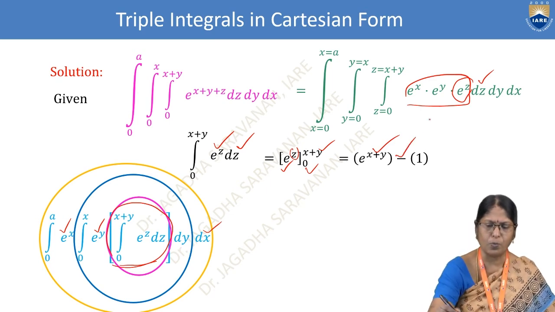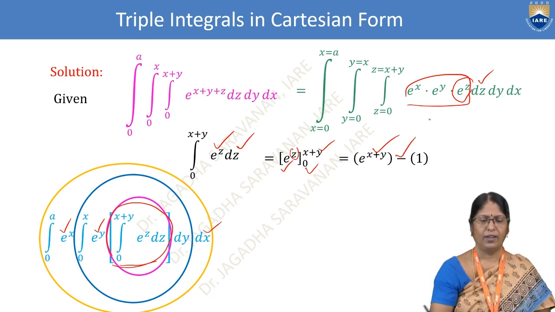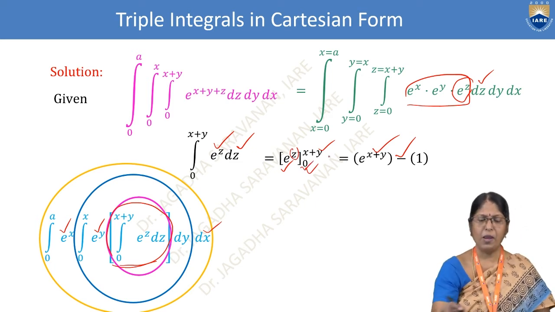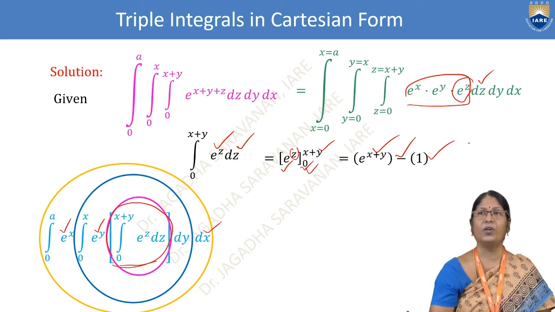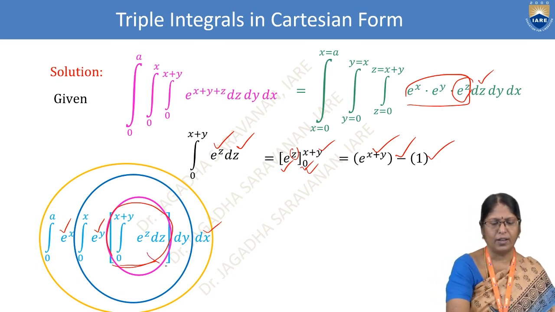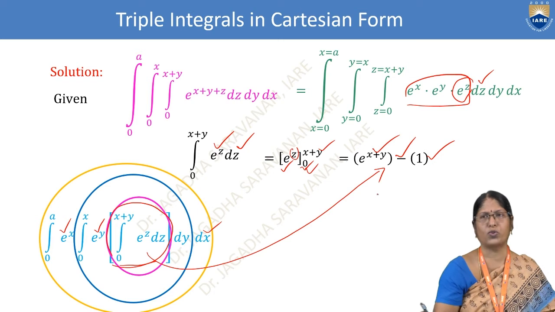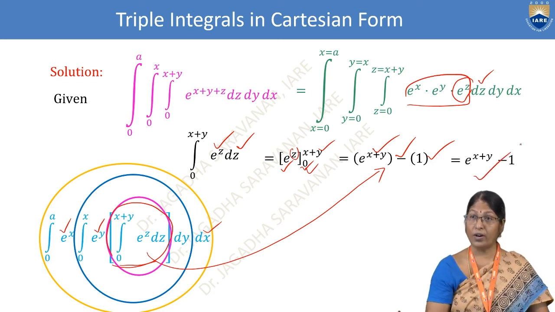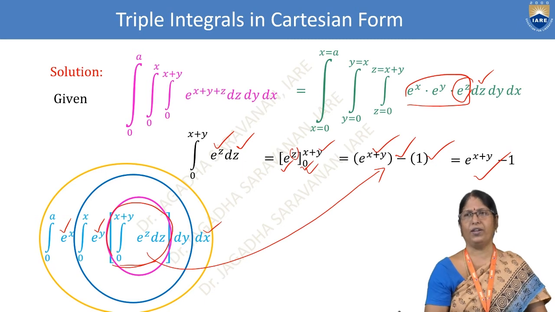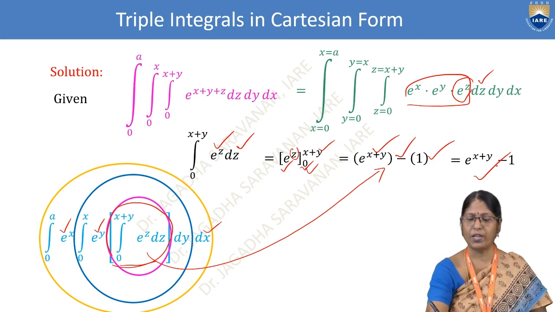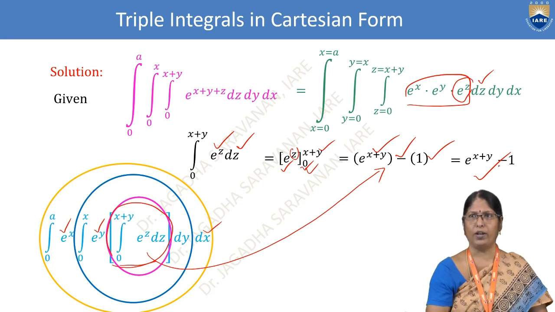This is our formula. The lower limit is 0, and e power 0 is 1. We completed the innermost integral, and the final result is e power x plus y minus 1.